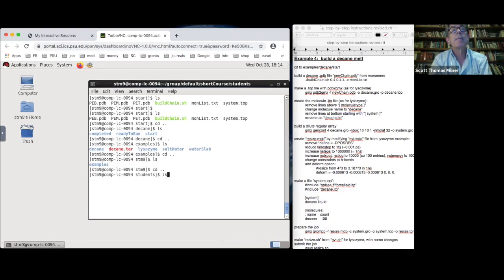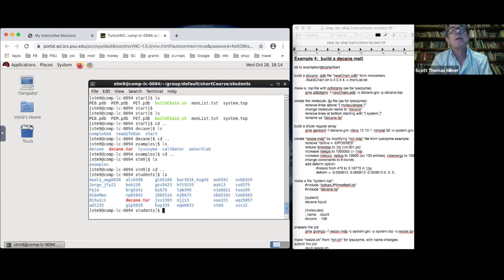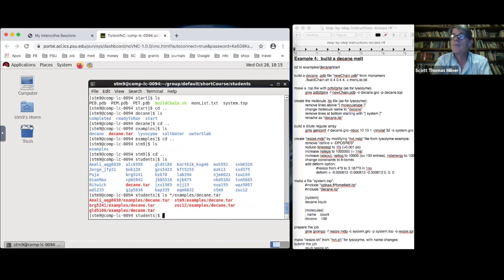Okay, so there's Decane.tar at the same level as all the student folders. If you haven't already copied that into your examples folder, do so and unpack it. Some of you have.